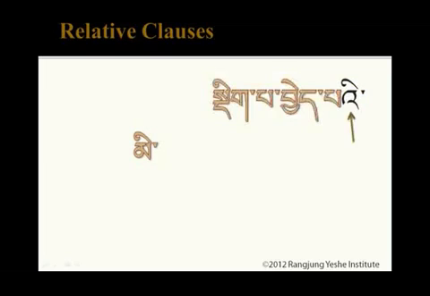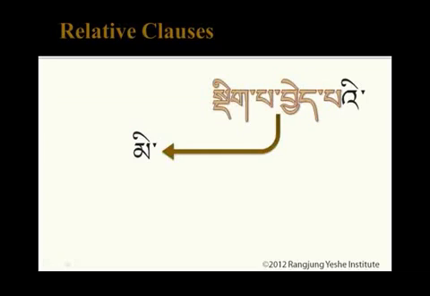Dikpa chépa, which is connected to mi with a connector particle. Chépa is an infinitive form of a verb, so we can be pretty certain that this is a relative clause modifying the noun mi. So we have dikpa chépa. Dikpa means evil deed. Dikpa chépa is to do an evil deed.